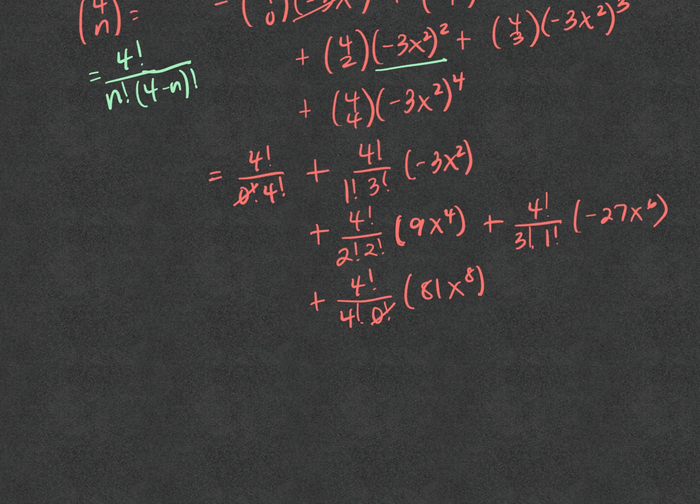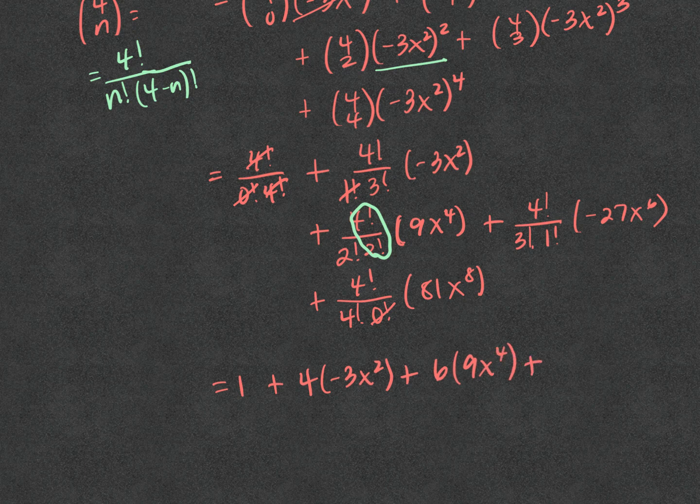So now let's clean it up a little bit. All of these cancel to be 1, which makes sense because our leading term is 1, and no matter how many of these parentheses you have, you end up with 1. And 4 factorial over 3 factorial is the number 4 times negative 3x squared. And then this 4 factorial and 2 factorial becomes 4 times 3 divided by 2 is 6, times 9x to the fourth. 4 factorial over 3 factorial is the number 4 times negative 27x to the sixth.